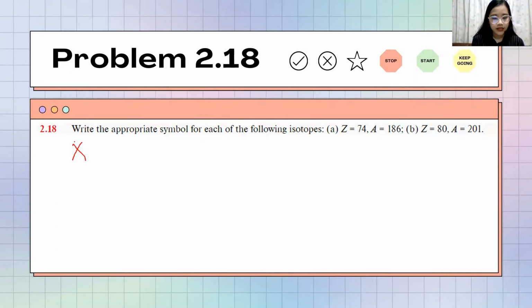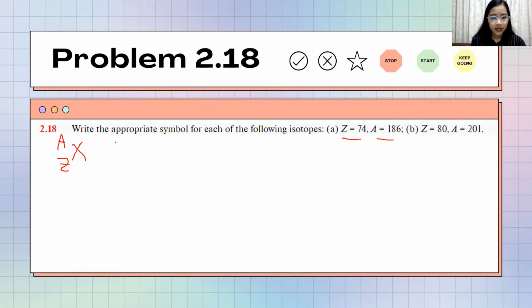X is the atomic symbol of the element, A is the mass number, and Z is the atomic number. So we're just going to substitute the given values in this representation.